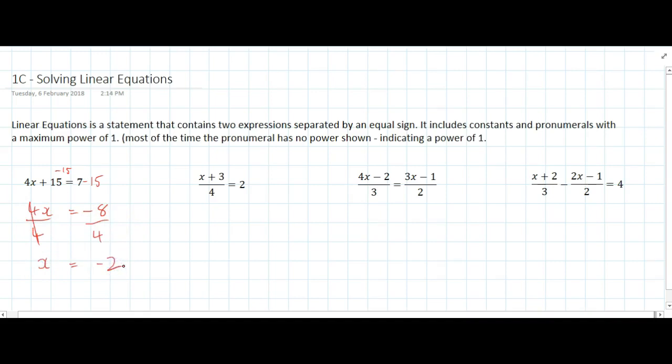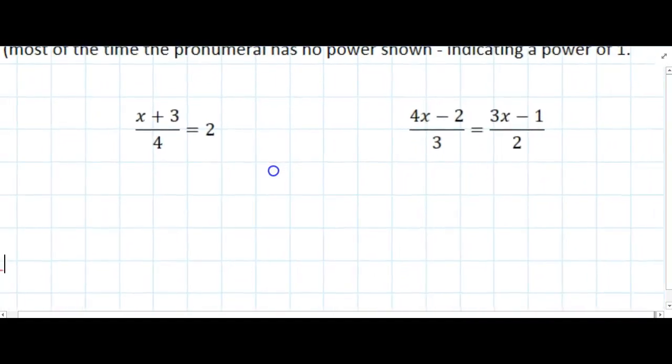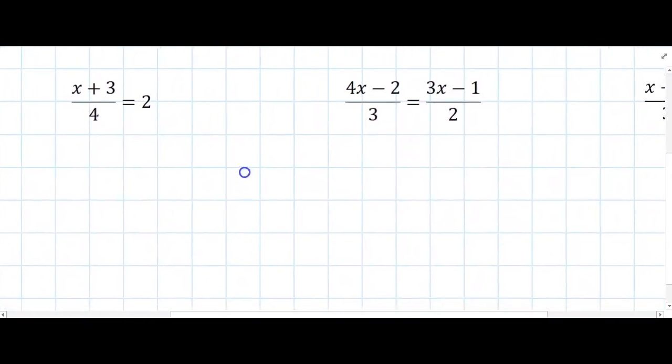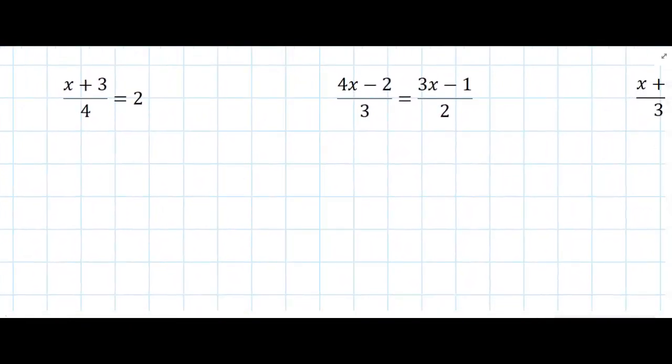Okay, so just enlarge this a bit, so I've got a bit more room to work with. Okay, the second one here is a fractional one. It can sometimes be tricky to think about what step to do first. So with x plus 3 divided by 4 equals 2, you might be tempted to say, well, there's plus 3 there, so I'm going to take 3 away.